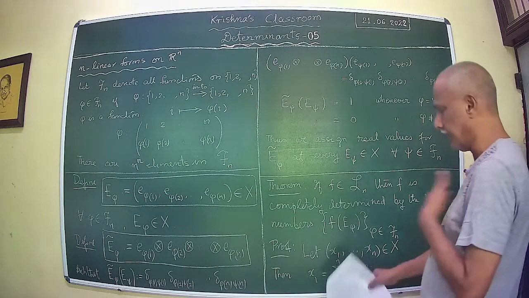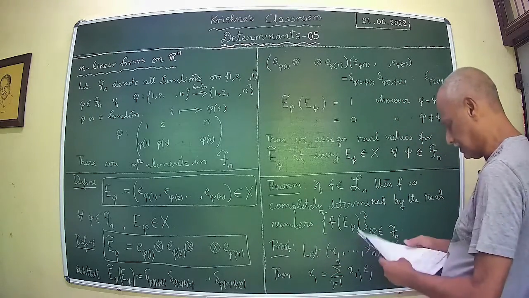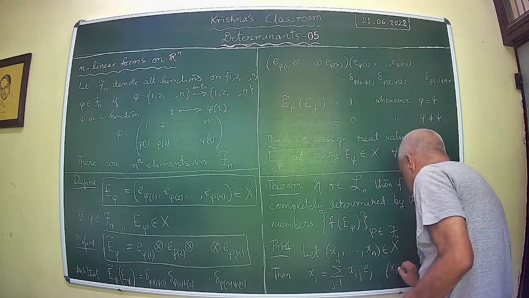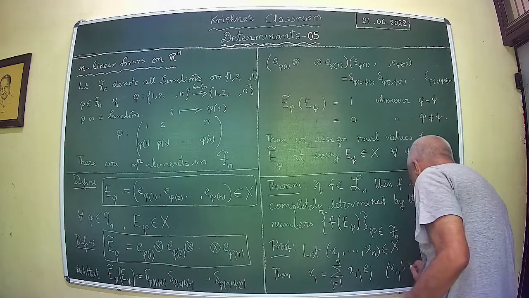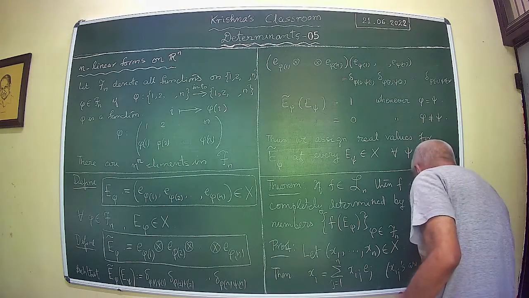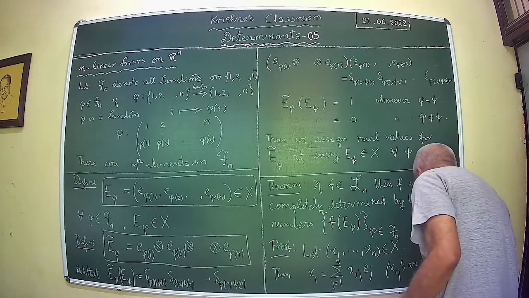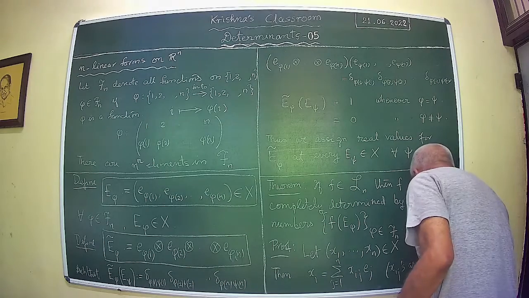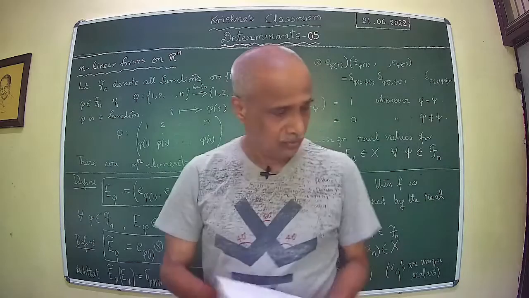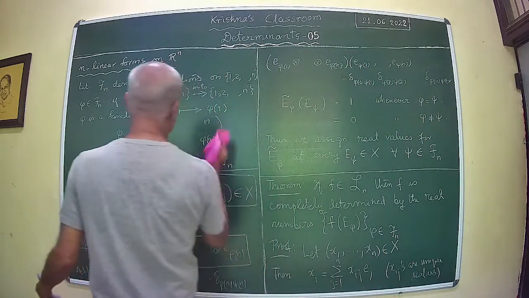So each xi is a member of Rn, therefore this is represented by this, where the xij's are unique scalars. Now we can work with this and then see what comes out.